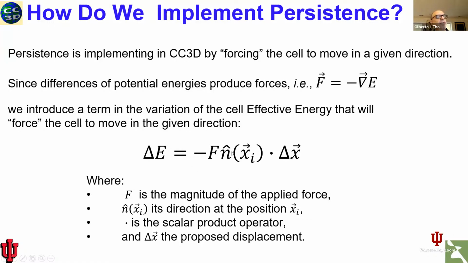So if you introduce this term in the effective energy, we are forcing the cell to move in the direction of this displacement, starting from the point where it is right now.